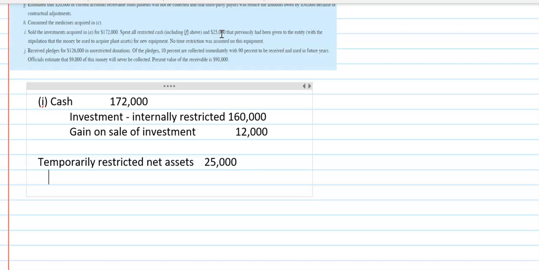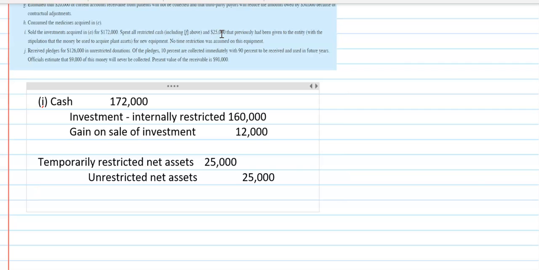Now I am moving it from temporarily restricted to unrestricted, so it is increasing my unrestricted net assets. Remember, before spending any money, make sure it is in your unrestricted net assets. You cannot use any money from restricted net assets. So now I transferred that 25,000 from temporarily restricted to unrestricted.